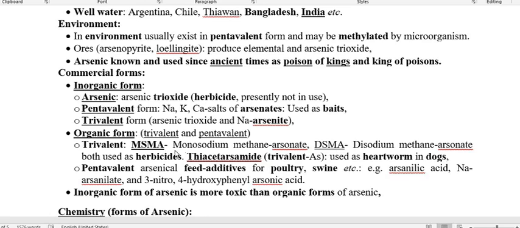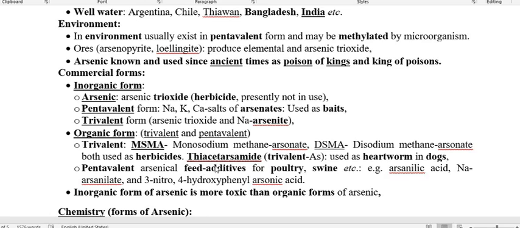These are both methane arsenates, but one is monosodium and the other is disodium. MSMA stands for monosodium methane arsenate, and DSMA stands for disodium methane arsenate, and both are used as herbicides. Other than that, one anthelmintic arsenic compound that is also organic in nature and used as a therapeutic agent is thiacetarsamide.